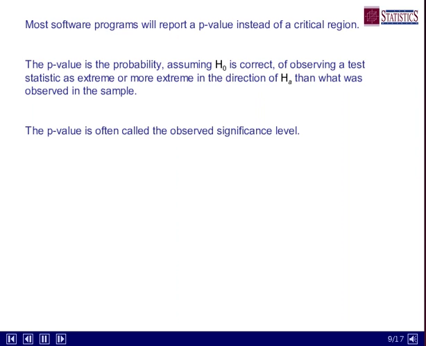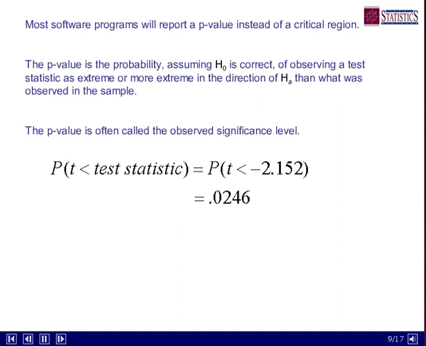So it's sort of giving you a probability of how unusual the value you saw was. We call this a lot of times the observed significance level. So if we look at it mathematically, it's the probability from a t-table that we're less than the test statistic for our particular example, because the direction of HA is less than.